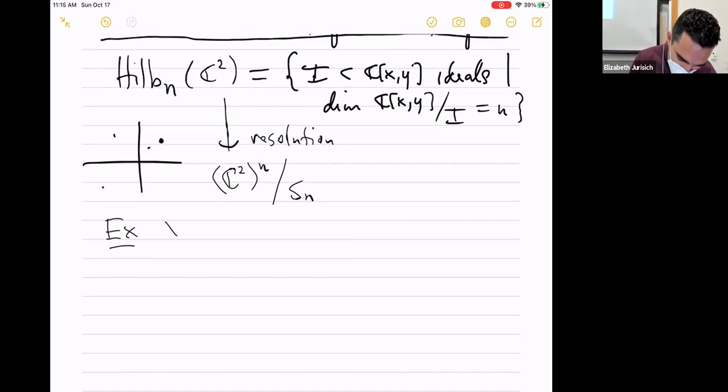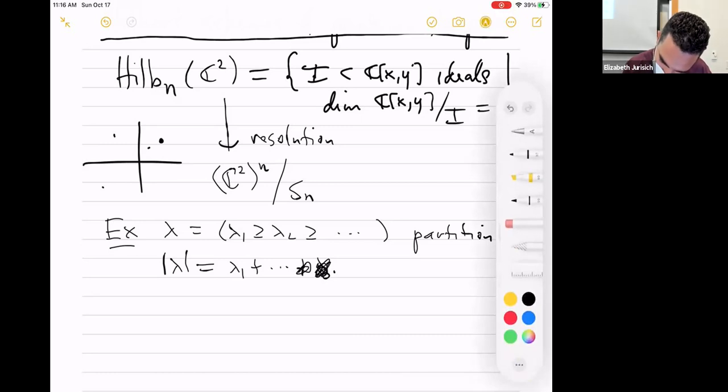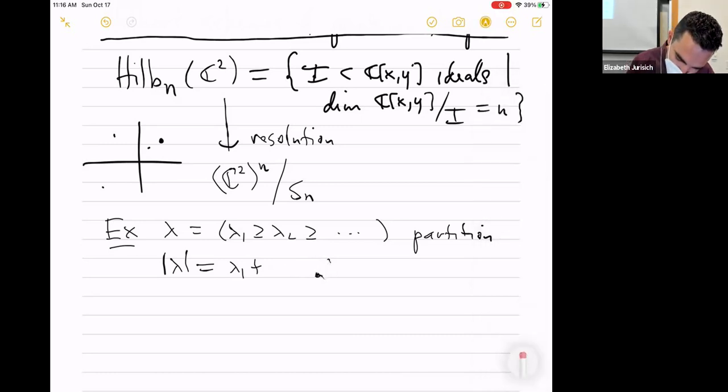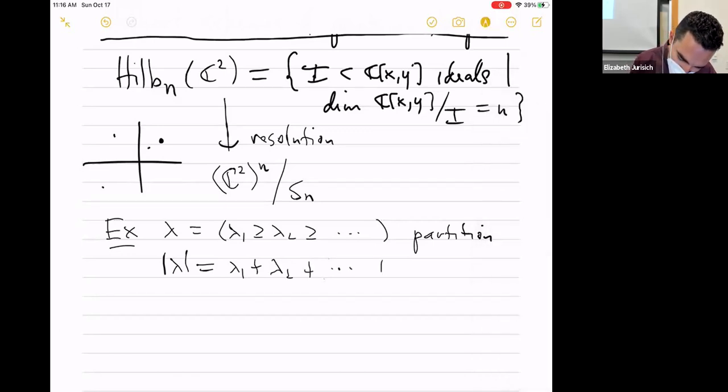If you have a partition, I'm not going to care about the length, but the size is, so the total number of boxes is n.